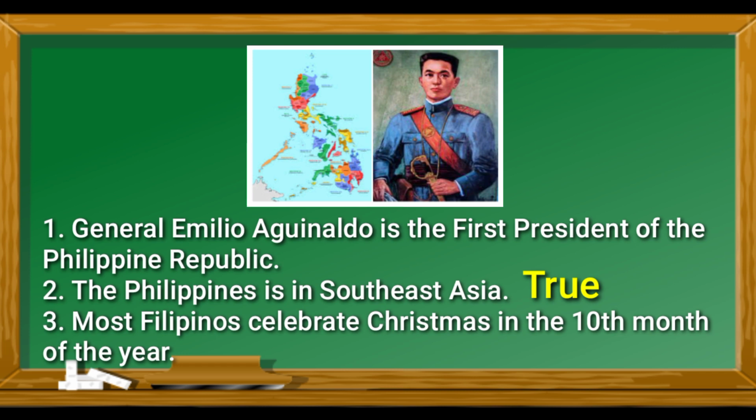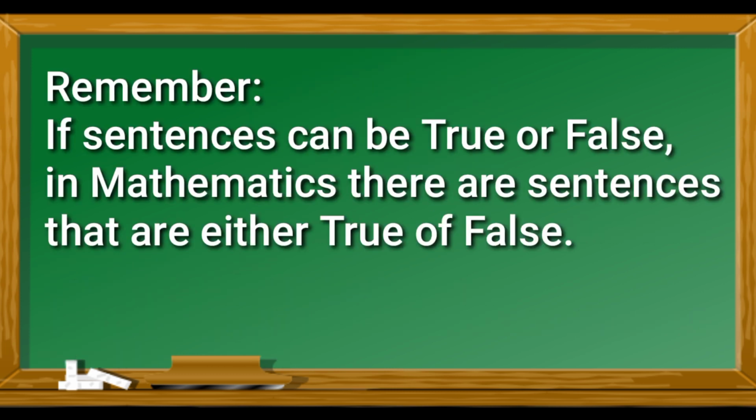True. Very good again. Most Filipinos celebrate Christmas in the 10th month of the year. Is it true or false? Of course, that is false because we celebrate Christmas every 12th month of the year.